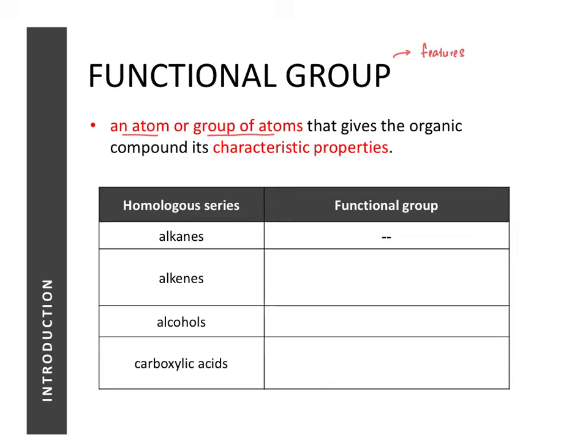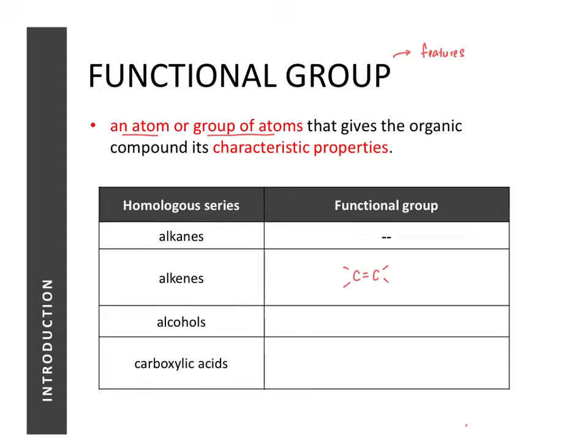As mentioned, we are going to look at 4 different families. For alkanes, there is no functional group, so there's no distinctive feature, only carbon and hydrogen. For alkenes, the functional group is a carbon-carbon double bond. When you see a carbon-carbon double bond, it tells you that the compound belongs to the homologous series of alkenes.